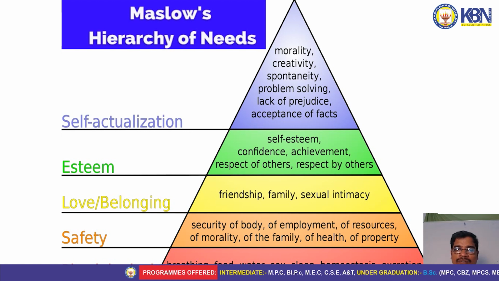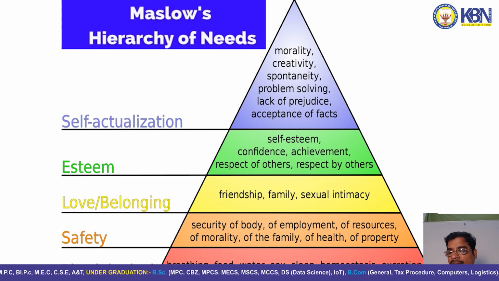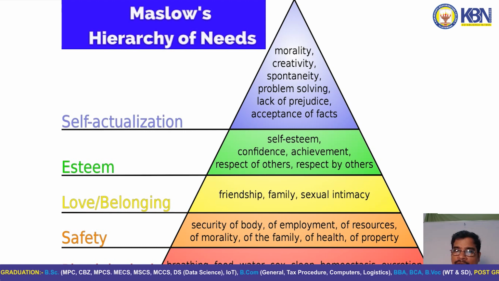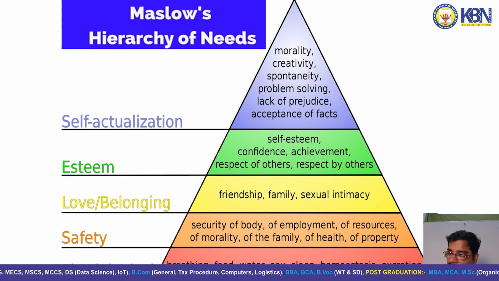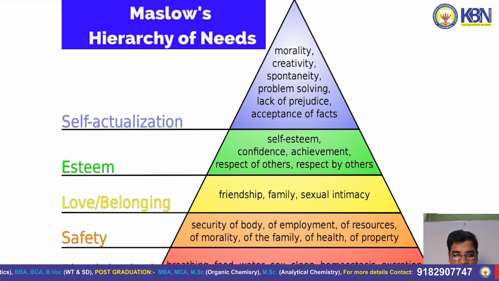He wants to have morality, and moreover he wants to be more creative, more innovative, with lack of prejudice. See, he wants to have all these things when he is looking to satisfy himself in achieving those objectives, in achieving the greatest motivational factor.